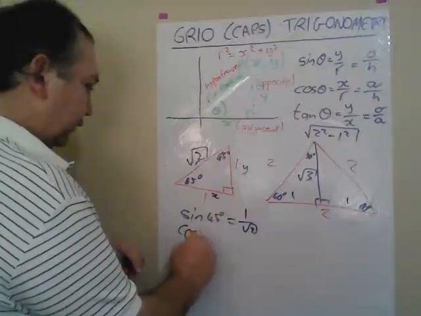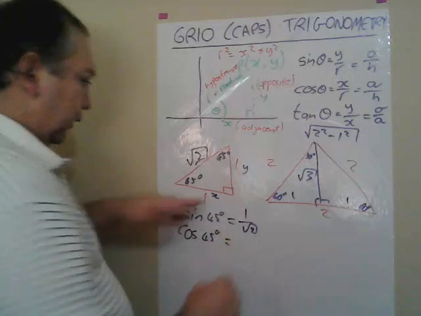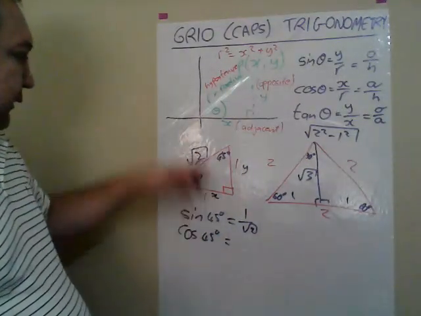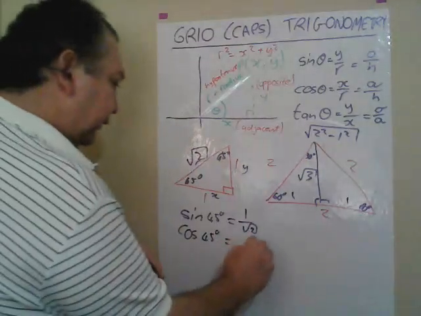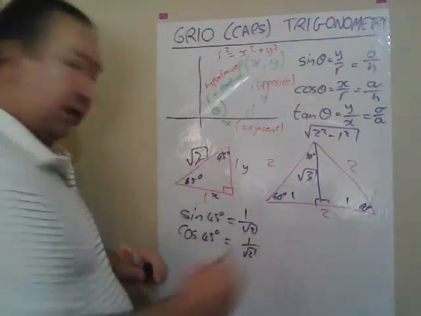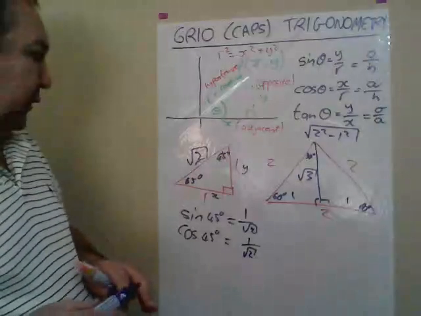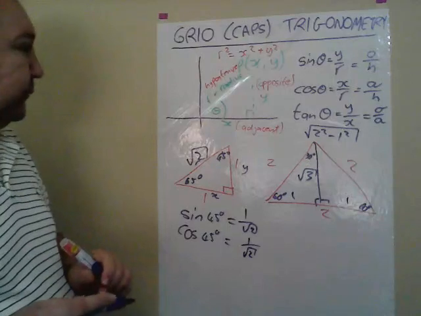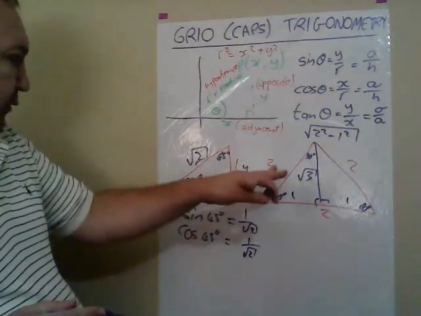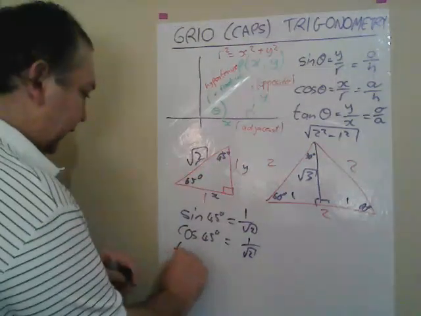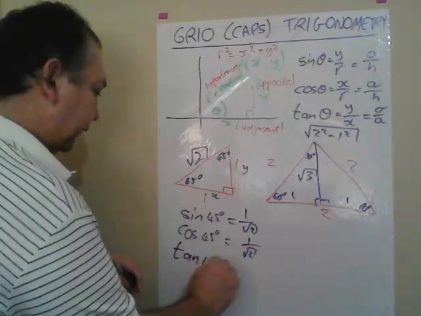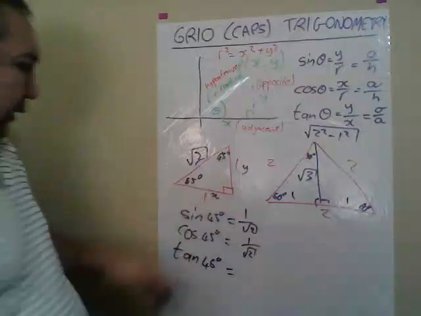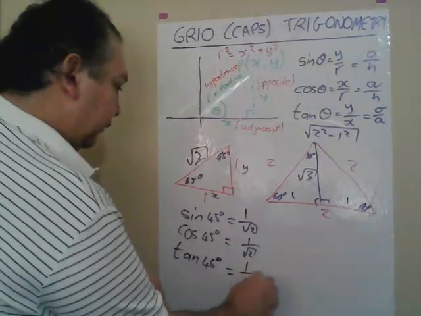Now, cos of 45 degrees will be x over r, adjacent over hypotenuse, which is incidentally also 1 over square root of 2. Okay, 45 degrees and 45 degrees make 90 degrees. Now let's look at tan of 45 degrees. That's 1 over 1, which is 1.